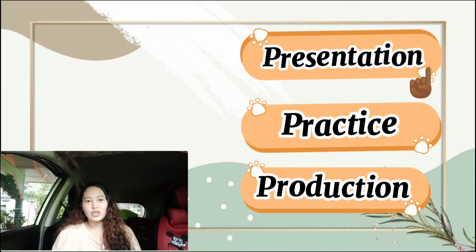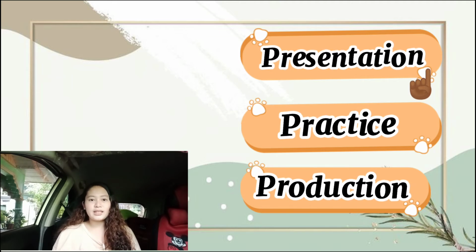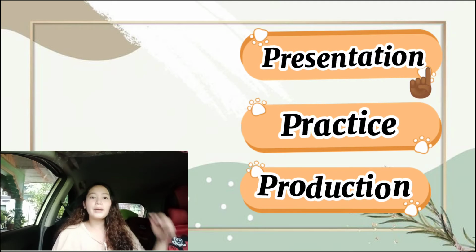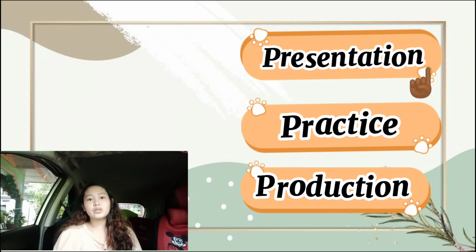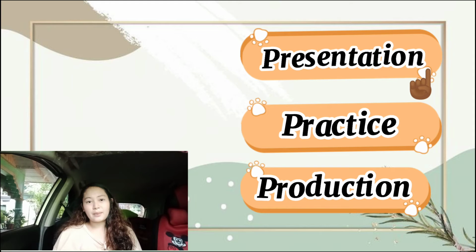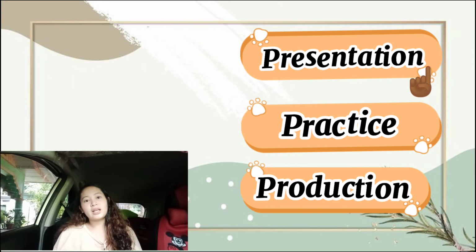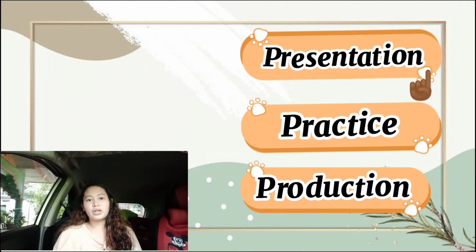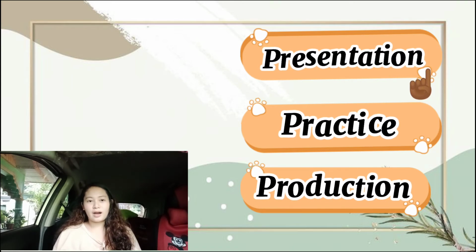This stage usually consists of 2 steps: an introductory activity such as a warm-up or a lead-in, which is an activity intended to raise students' interest in the topic, and introduction of the target language. So here, the teacher gives explanation on the grammar and vocabulary of the topic to be covered.